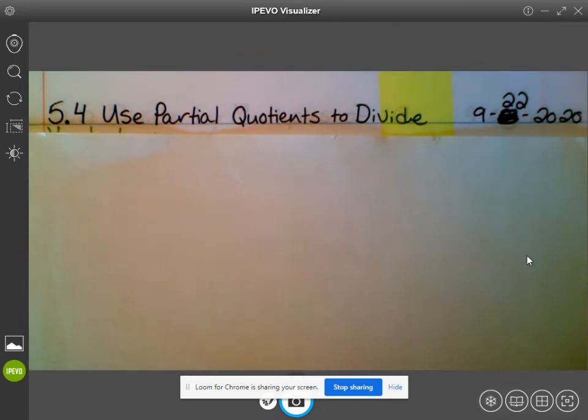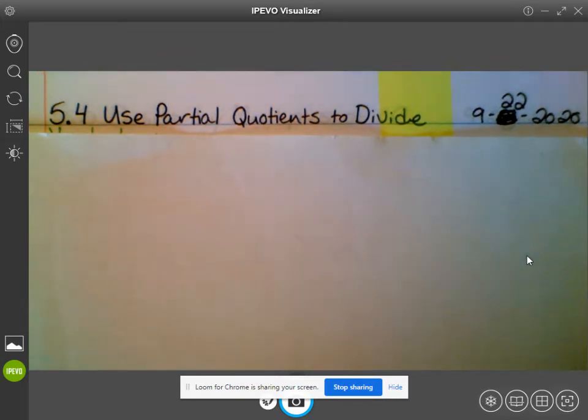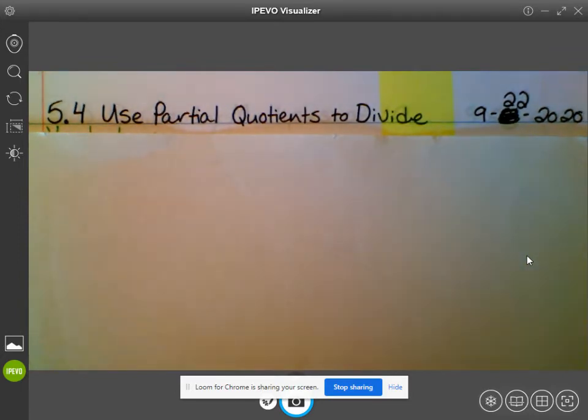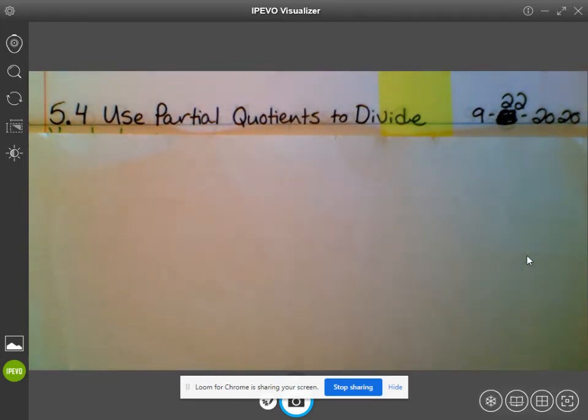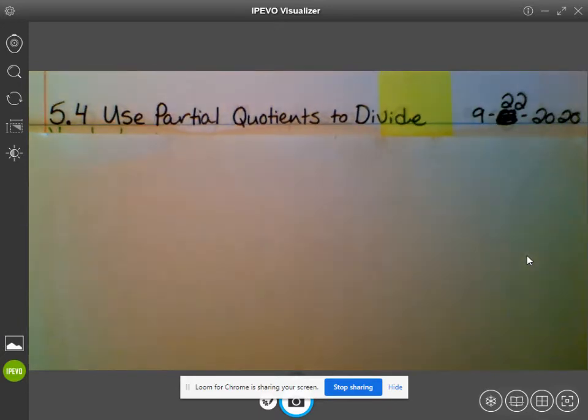Okay, those of you who were sitting there thinking about partial quotients, raise your hand. What do you think partial quotients are? What do we think? Zoe? Quotient, like division. Okay, so Zoe was thinking, okay, quotient, that means division.